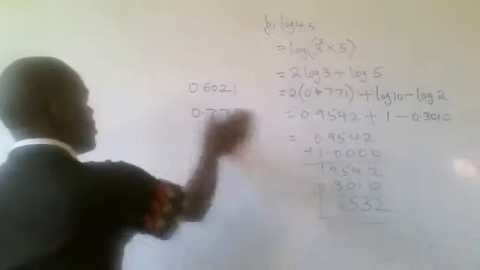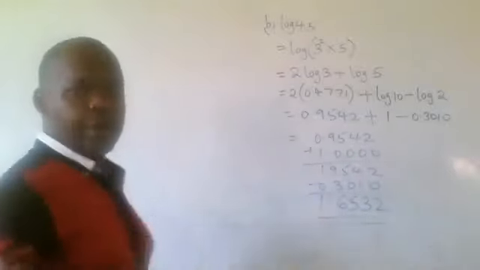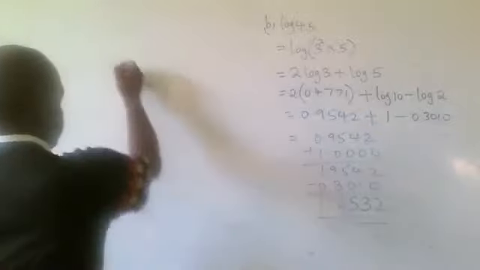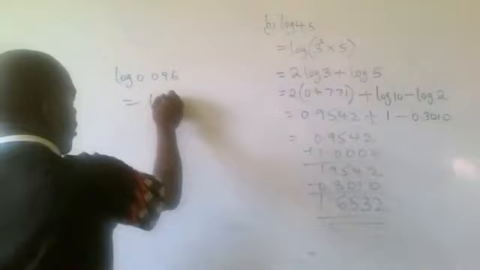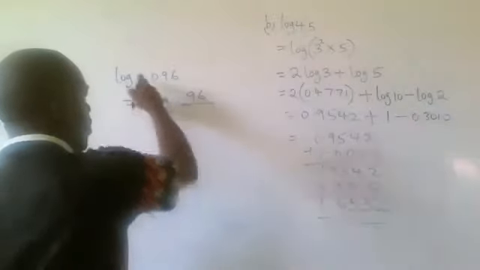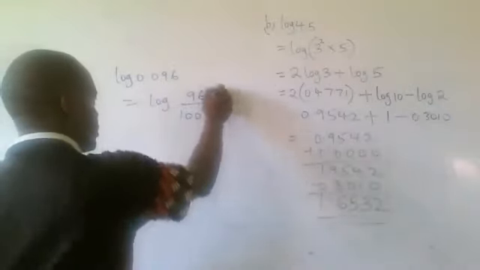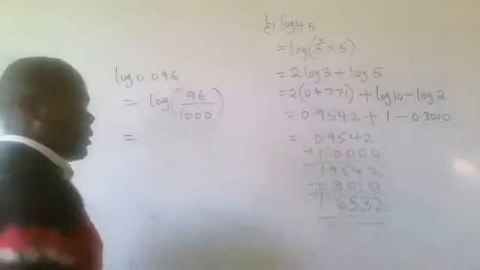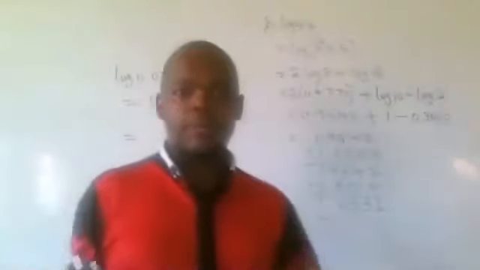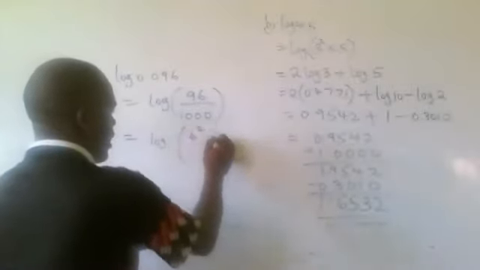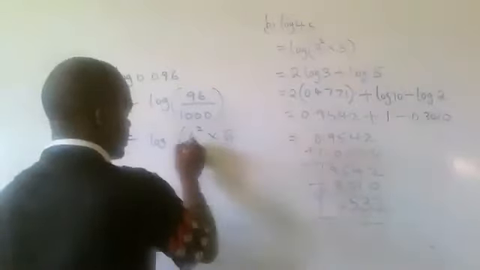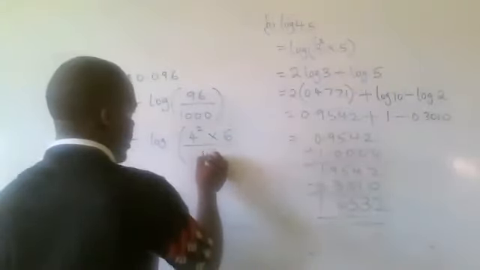So the log 0.096 is the same as log 96 over what? Over 1,000. Now 96, you express it in terms of 4 and 6, and you will get it is 4 squared times 6 over 1,000.